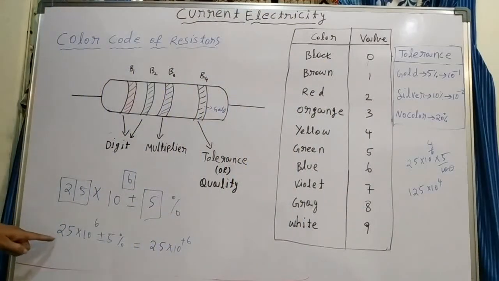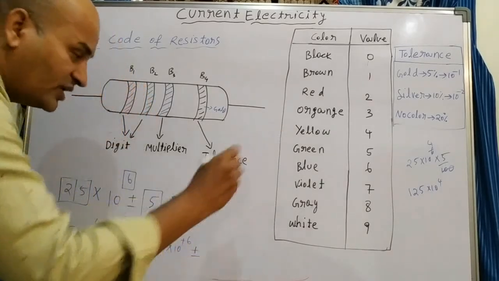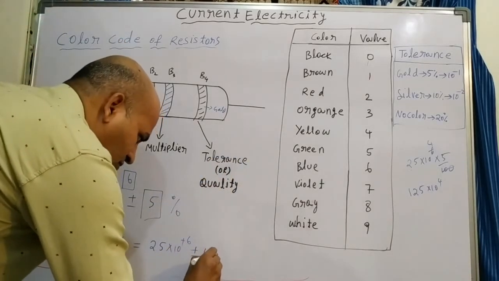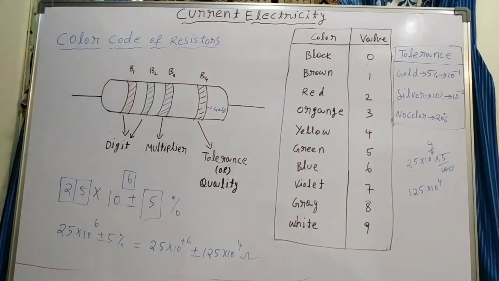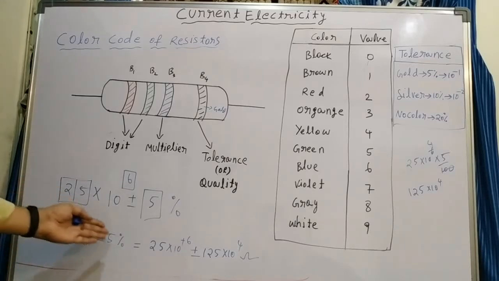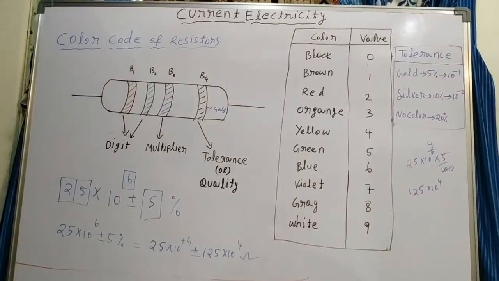So you can write 25 into 10 power 6 plus or minus that value, 5% of the total, 125 into 10 power 4 ohms. So we can represent the value of resistance with a percentage, or otherwise calculate 5% of this total and add plus or minus. Like that we can represent the value of resistance using color bands.